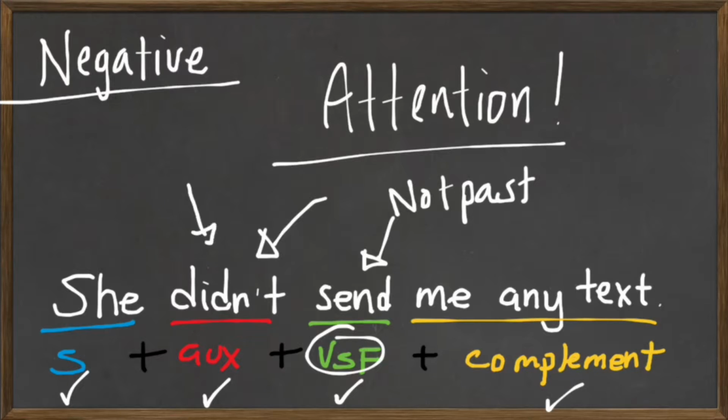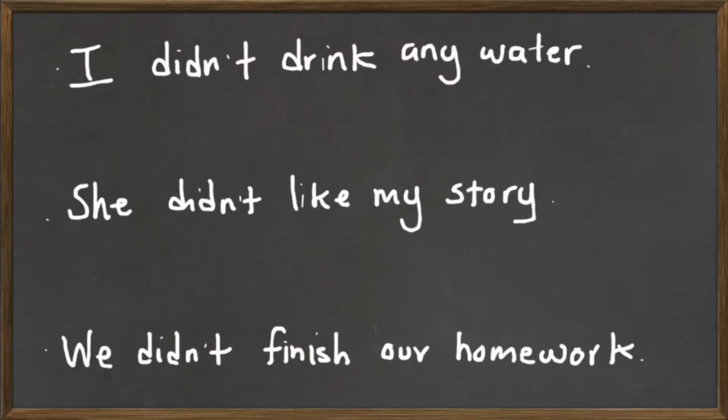When the auxiliary didn't is present, the verb is in simple form, or in simple present, if you want to call it that way. The example: she didn't send me any text. We will go back here again to remind you of this, which is very important.